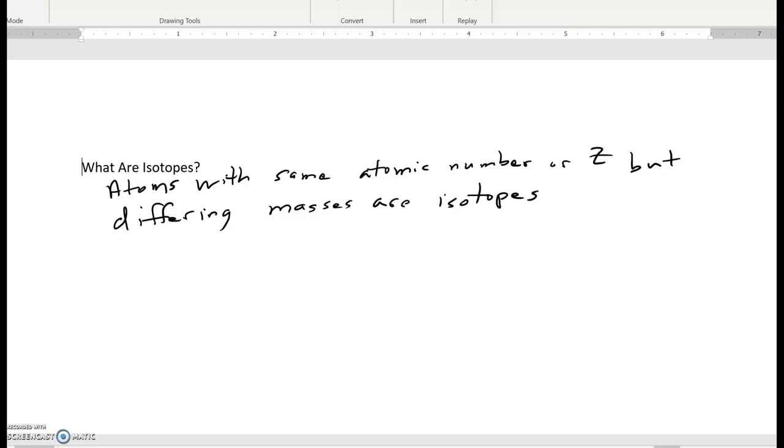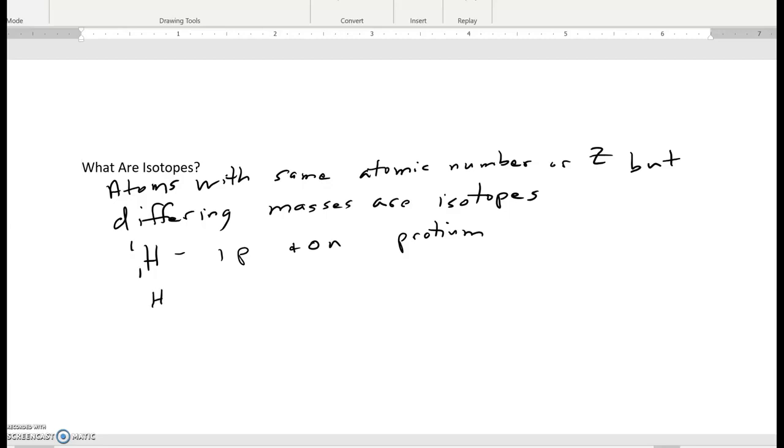So let's look at hydrogen. Hydrogen has one proton and it has a mass of 1. So it has one proton and no neutrons. This is called protium. It's the form of hydrogen we most often talk about.